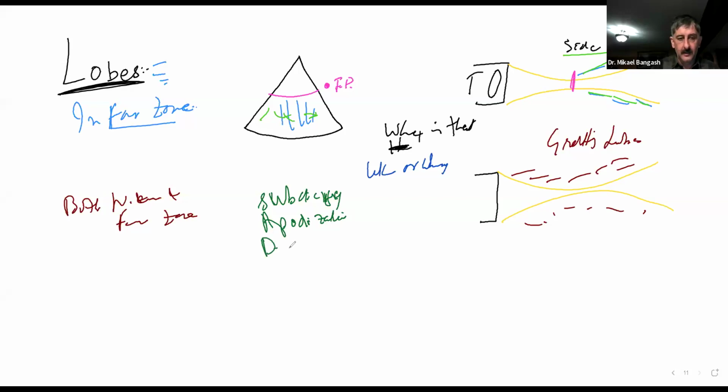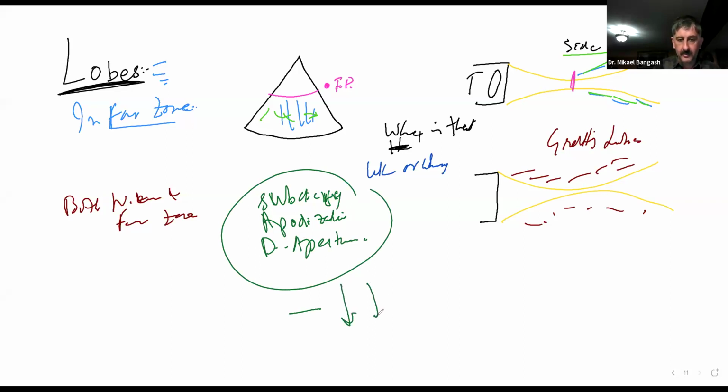We also have dynamic aperture. Those are mechanisms by which we try to reduce the lobes from occurring or being produced.